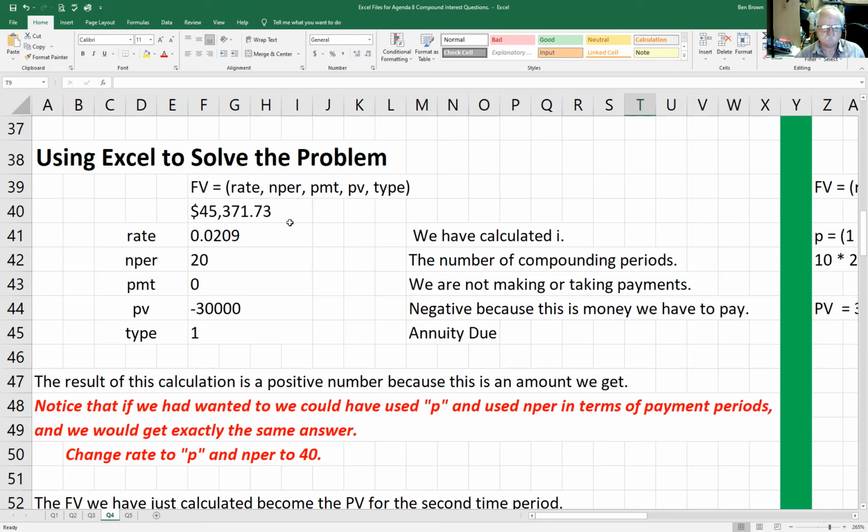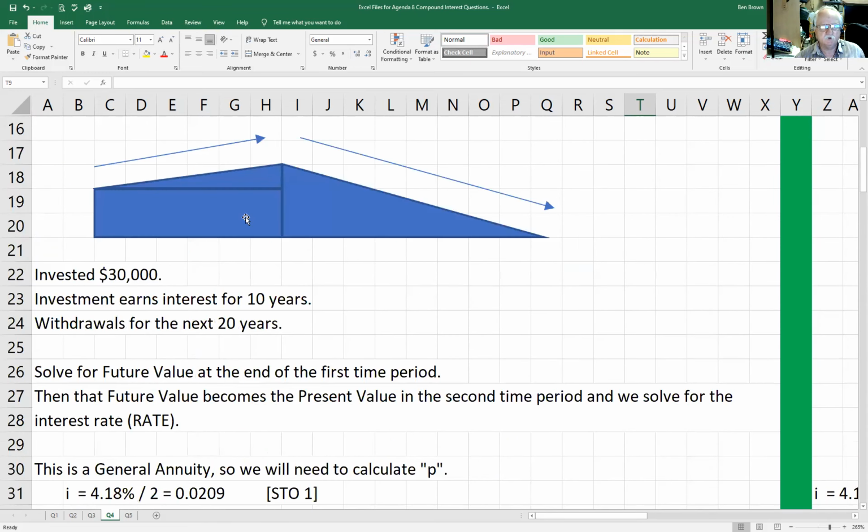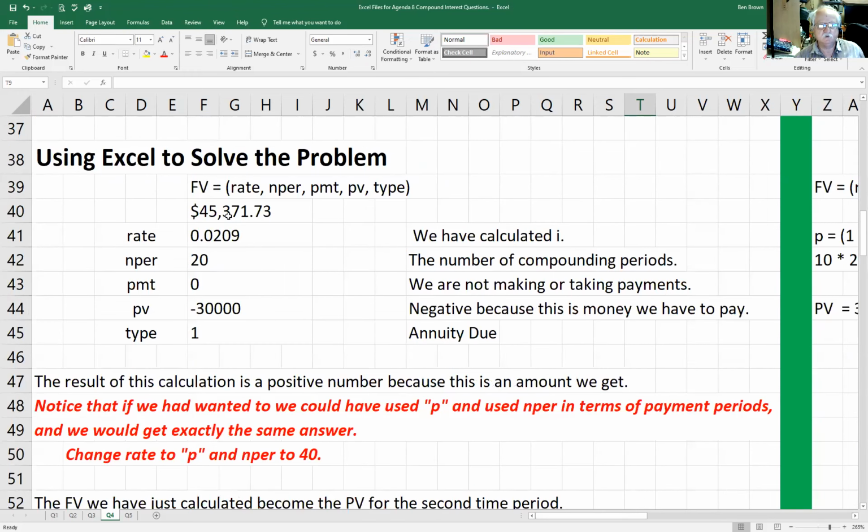But it's easier not to use P here. Just use I. So we've figured out the future value. So up here, although he invested 30,000, after 10 years, we see he's got 45,000.